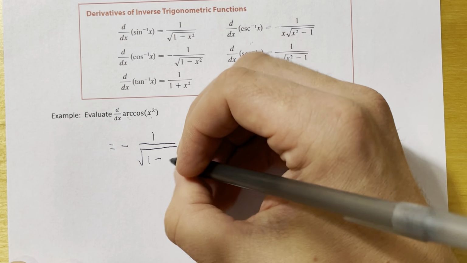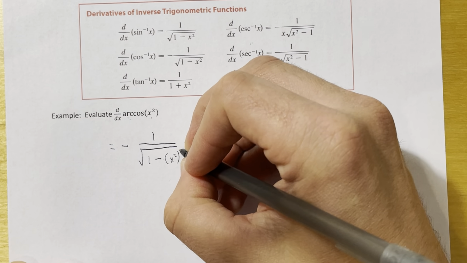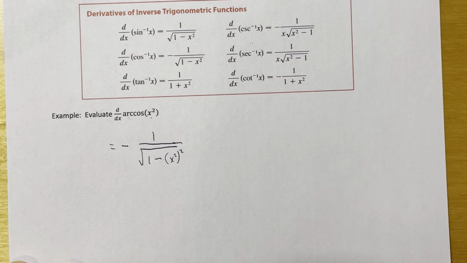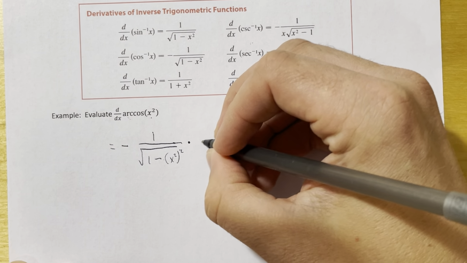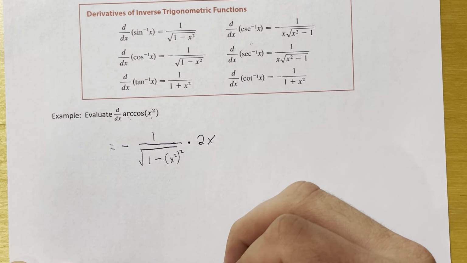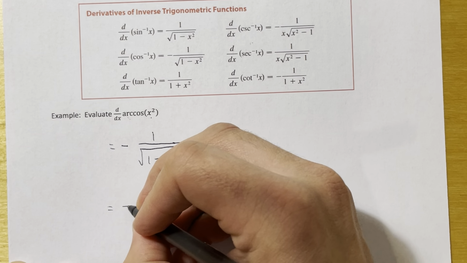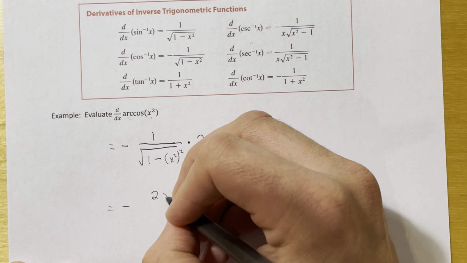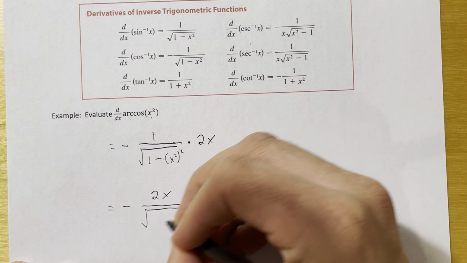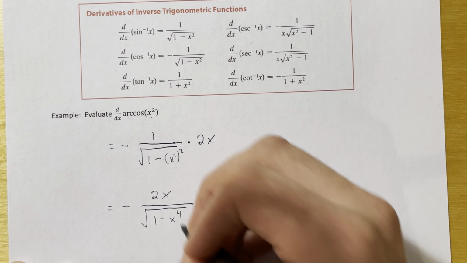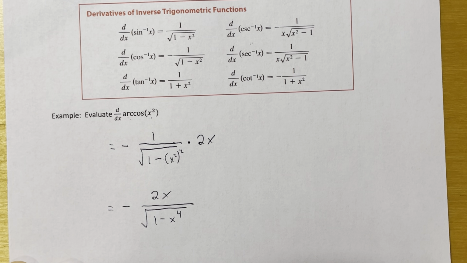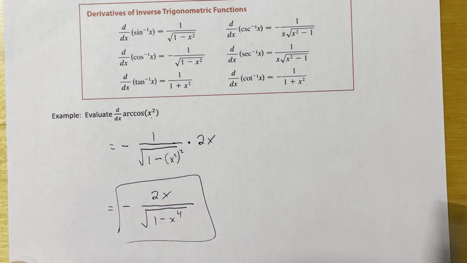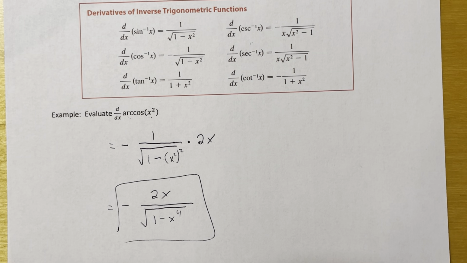But I need my inside function to be showing up there, so it's actually x squared squared. Chain rule, right? Then I multiply this by the derivative of the inside, 2x. Putting this all together and simplifying, this is the same thing as negative 2x over the square root of 1 minus x to the 4th. Okay, just doing a little bit of simplification. And that's it. So that's going to wrap up section 3.6.